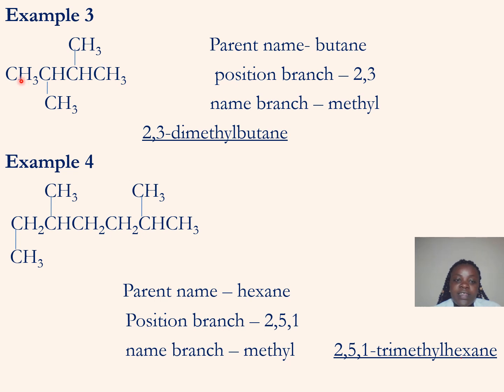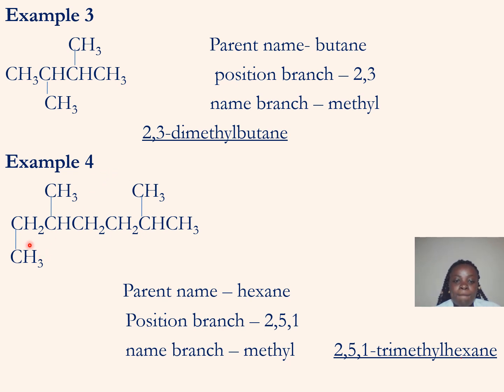So we have to start now giving the position of the branches. So 2, 3. We separate that using a comma. Then di to show there are 2. Then methyl butane. So 2,3-dimethyl butane gives the name of that isomer.